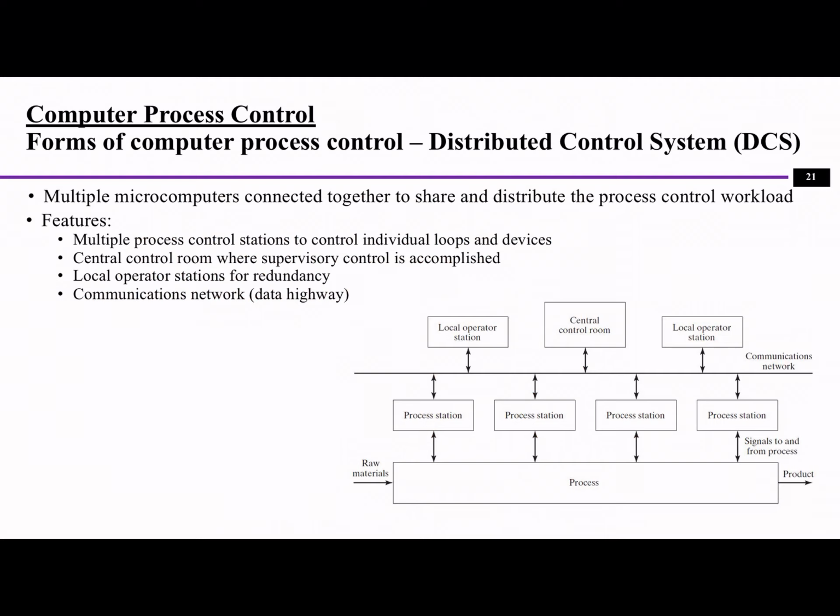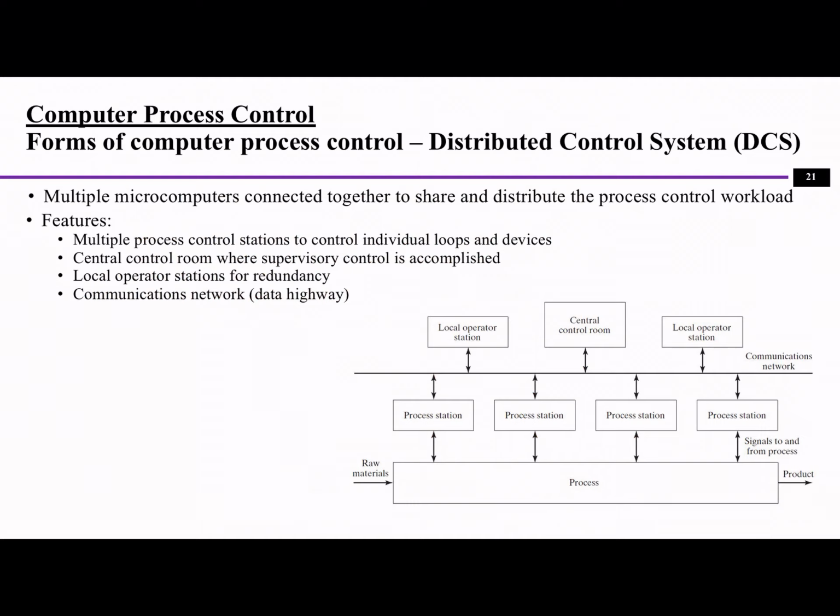There's another control system. It's called a distributed control system. You can tell from this graph. This distributed control system means that multiple microcomputers are connected together to share and distribute the process control workload.